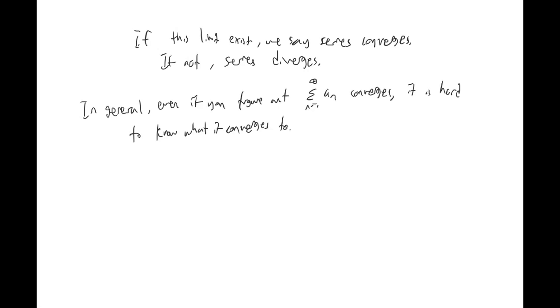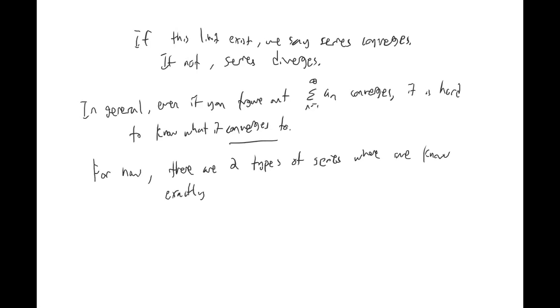So let me just say for now, the book starts off with the two that you actually know this part too. There are two types of series where we know exactly what it converges to.